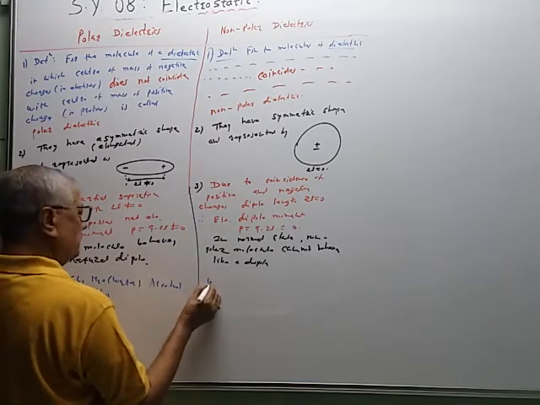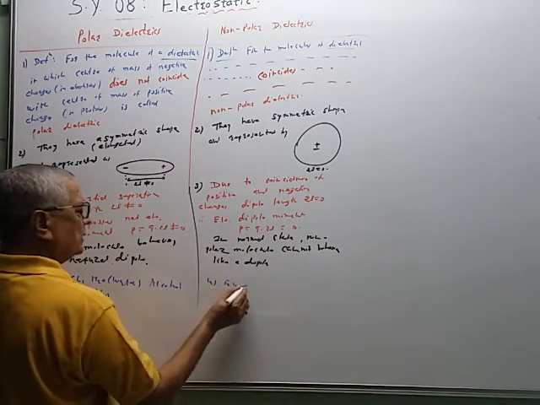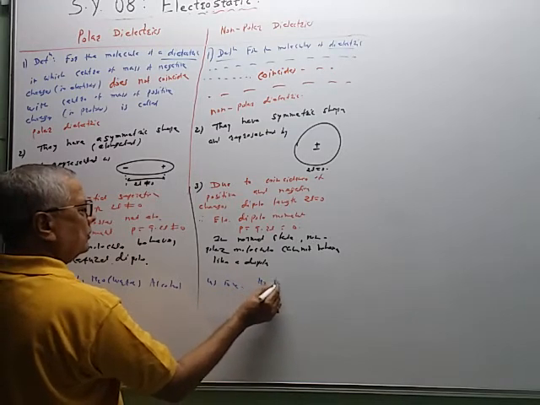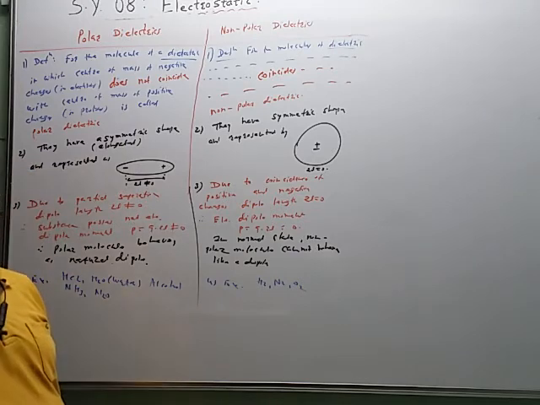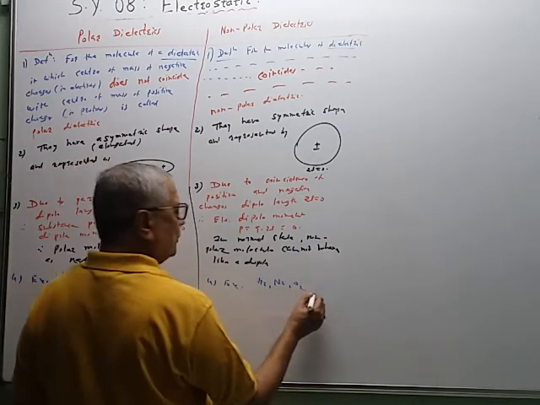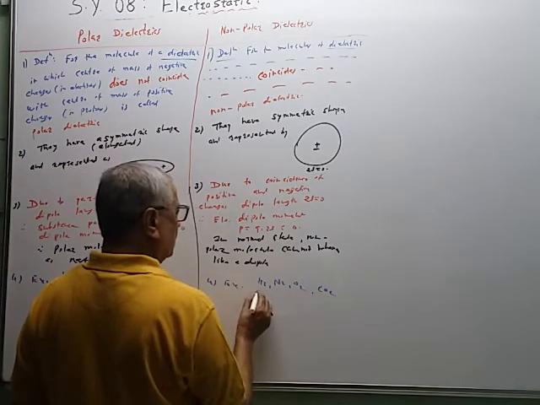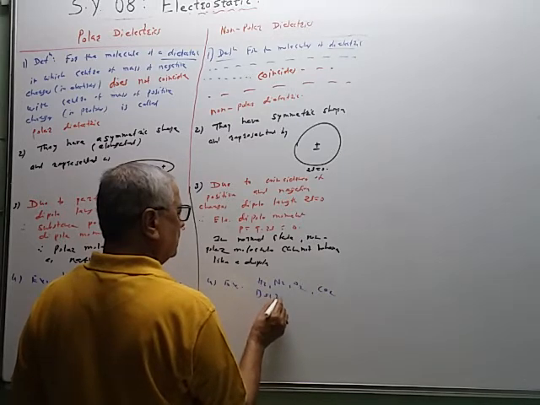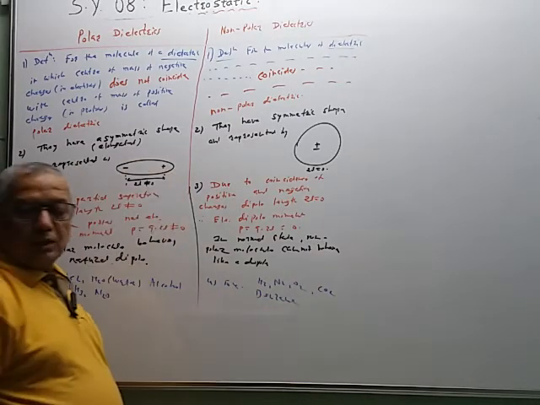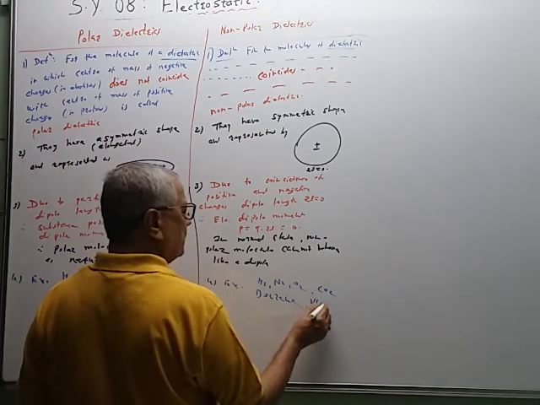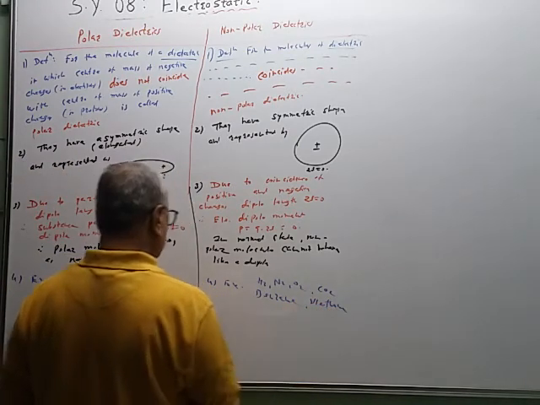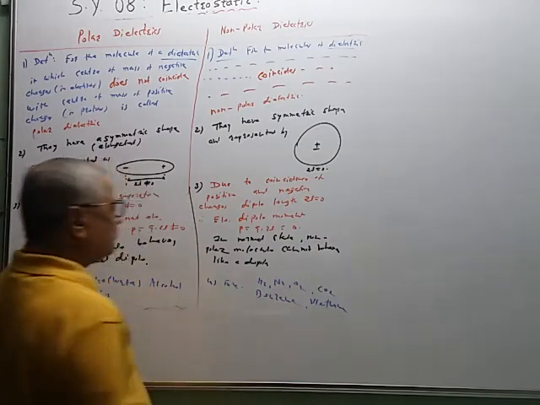Non-polar examples: hydrogen molecule, nitrogen molecule, oxygen molecule, CO2 molecule, benzene, which is an organic compound, methane. These are organic compounds. So these are the examples of polar and non-polar molecules.